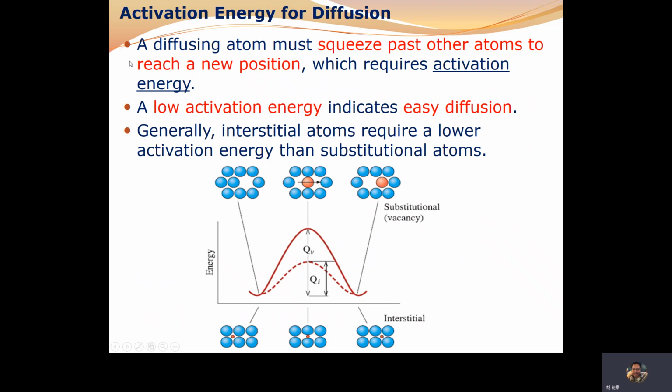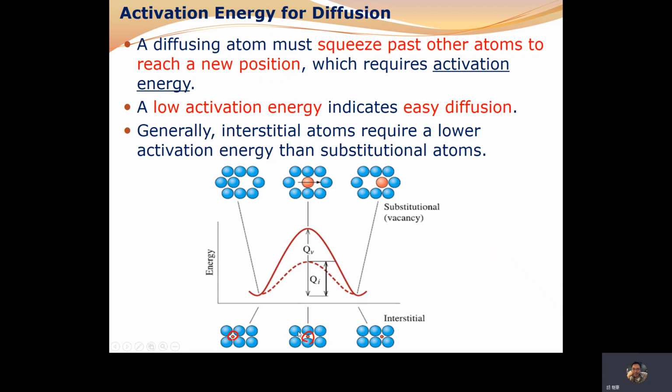Generally, interstitial atoms require lower activation energy than substitutional atoms. From this figure, you can see the interstitial atoms are smaller than the lattice atoms, and their movement is among the interstitial sites, just moving within those spaces.